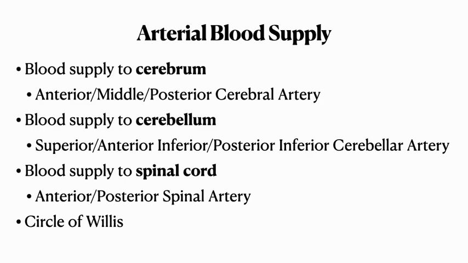The two major arteries that provide blood supply to the spinal cord are the anterior spinal artery and posterior spinal artery. After we talk about the blood supply to the cerebrum, cerebellum, and spinal cord, we will talk about circle of Willis.